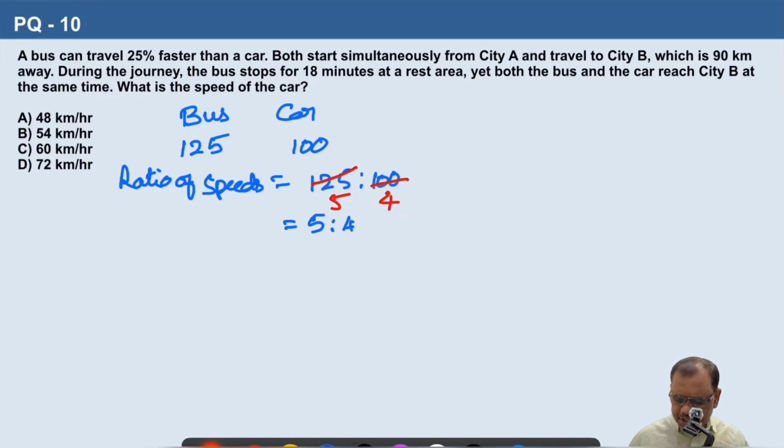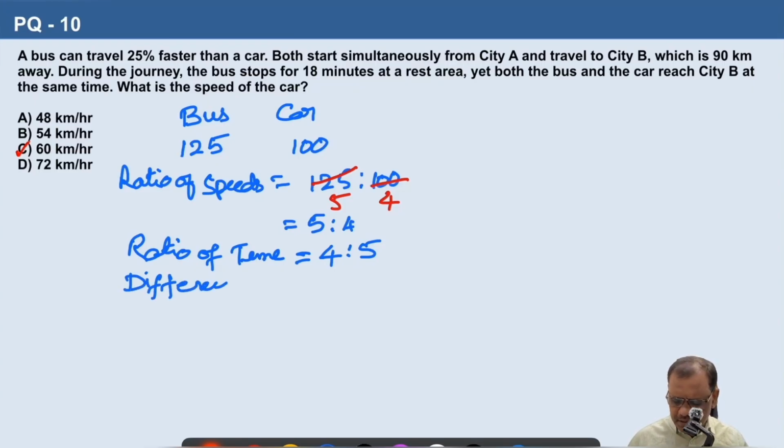Now, as usual, ratio of time is the inverse ratio, 4 is to 5. Now, what is the difference here? Difference of timings. 5 minus 4 is 1. So 4 parts is the time taken by the bus, and 5 parts is the time taken by the car.